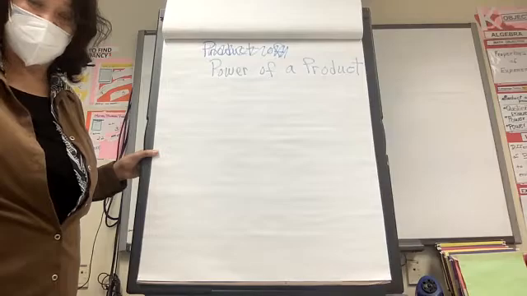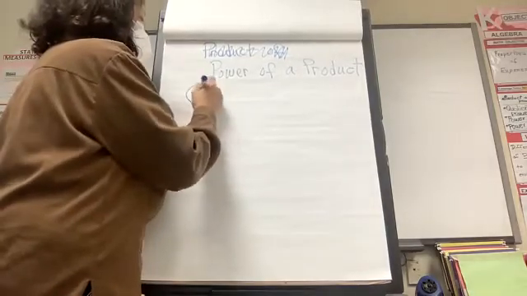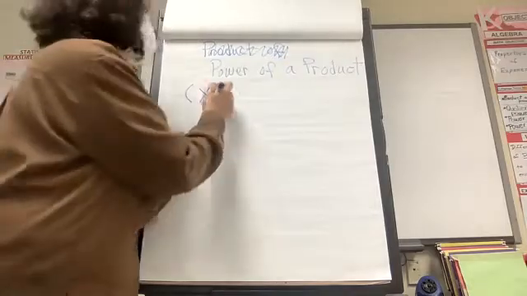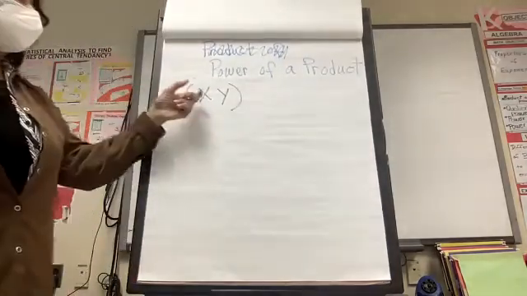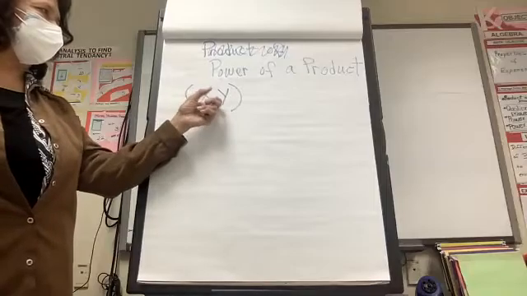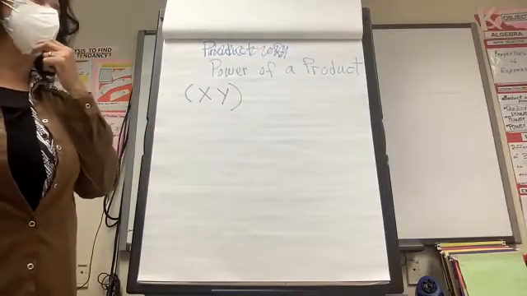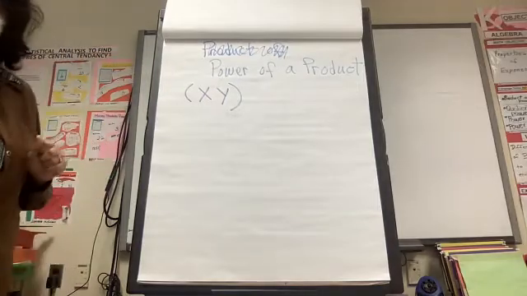Power of a product looks like this. A product is something that's multiplied together. So say I multiply X times Y, that's a product. When we multiply two variables like X and Y, we don't need the times sign in between because it's understood. Nothing between them means multiply. So there's our product.